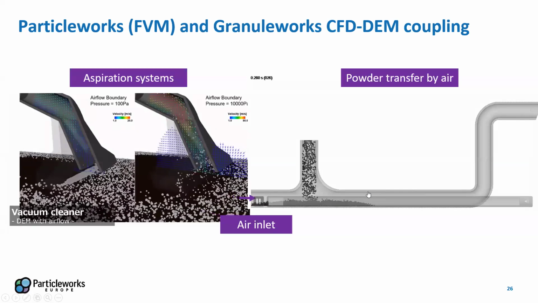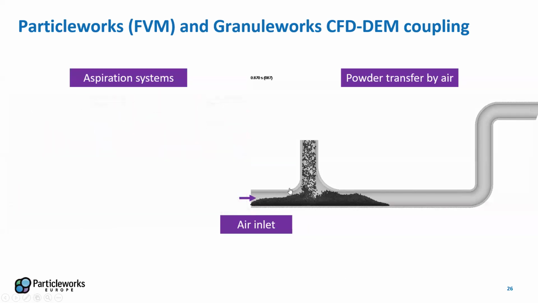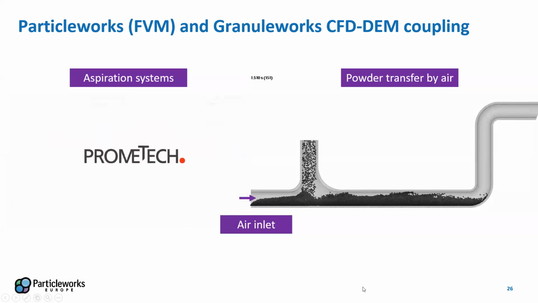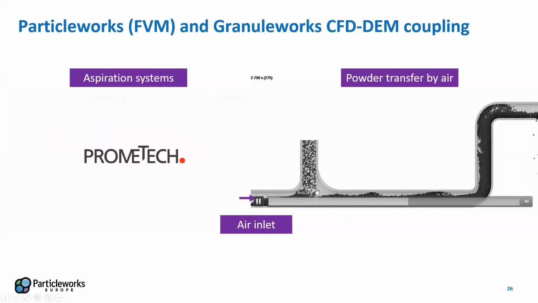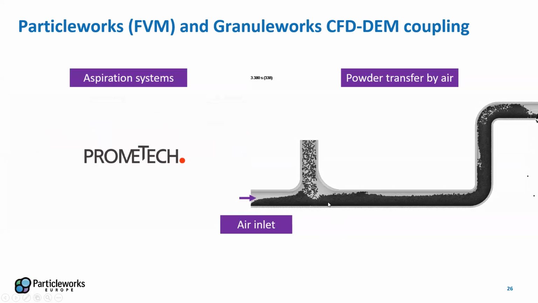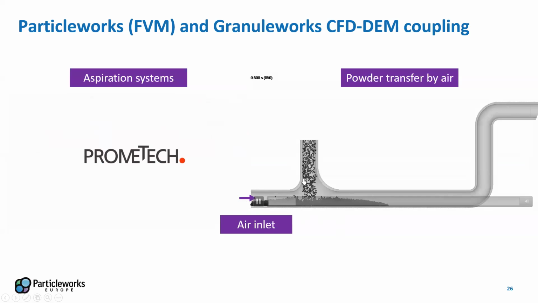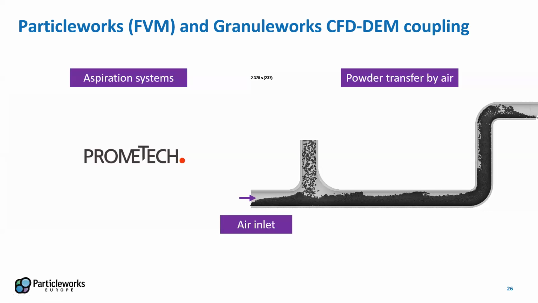And then on the right we have this dynamic flow pattern that arises when we have an air inlet and then some accumulation. So very complex physics to be analyzed with mesh-based tools. But here, because of the meshless approach, we can easily model it all and have this kind of dynamic interconnected flow.